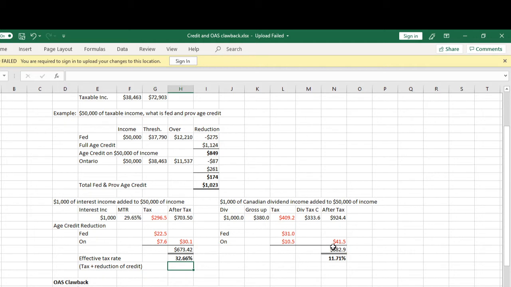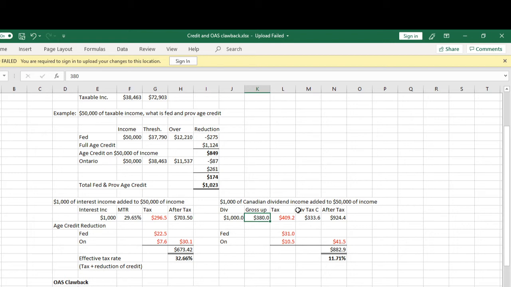I wanted to show you $1,000 worth of dividends from a Canadian corporation, because this is where it gets a little funny. You get a $1,000 dividend. The tax rules say that we gross that dividend up by 38%, so my taxable income is boosted by $1,380.